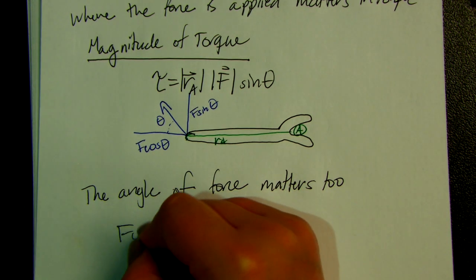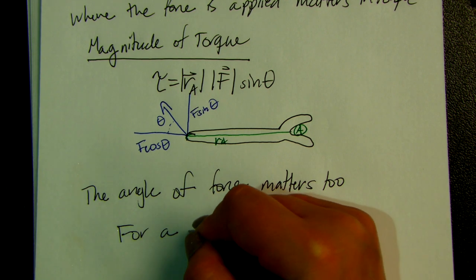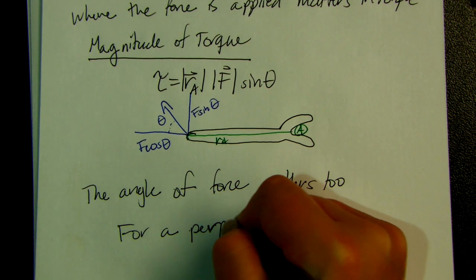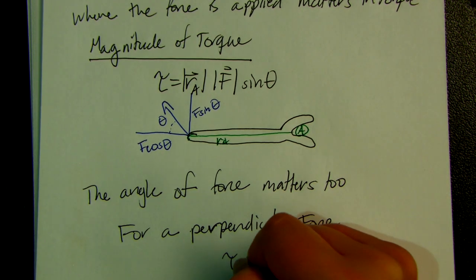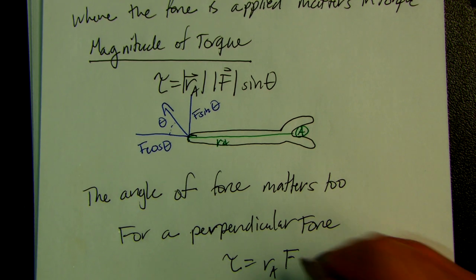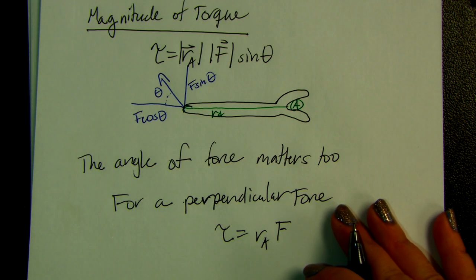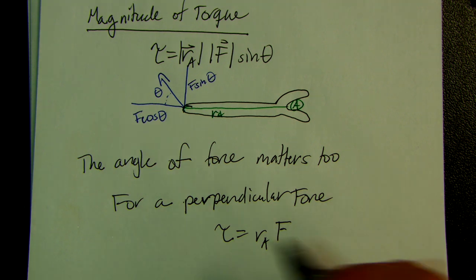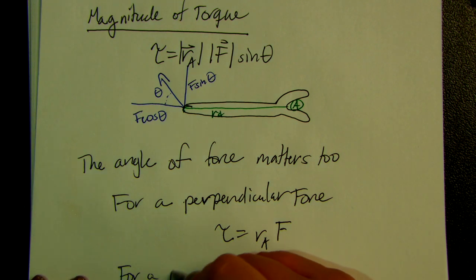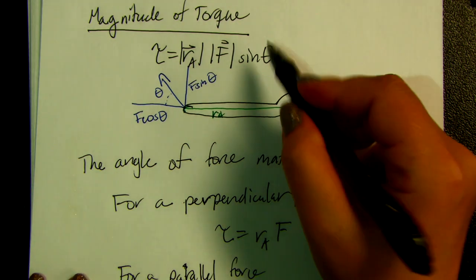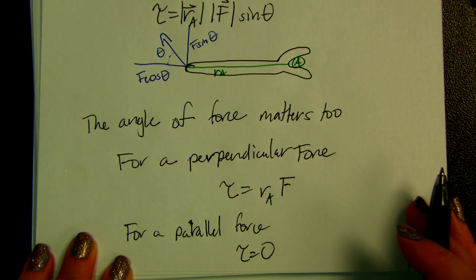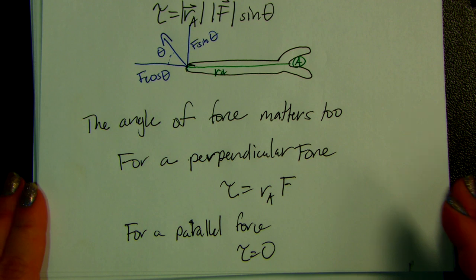So for a perpendicular force, torque is equal to RA times F. And for a parallel force, torque is equal to 0, which we've already implied.